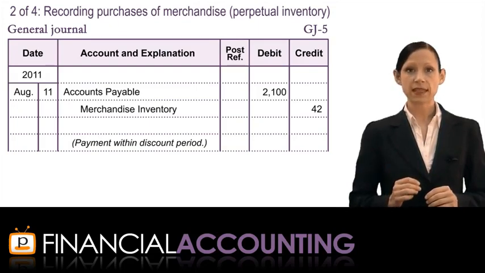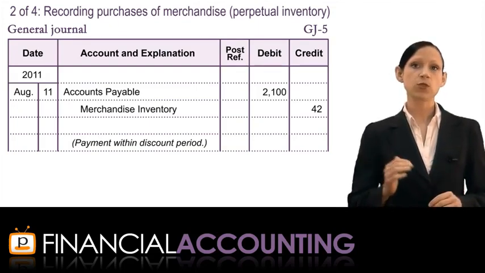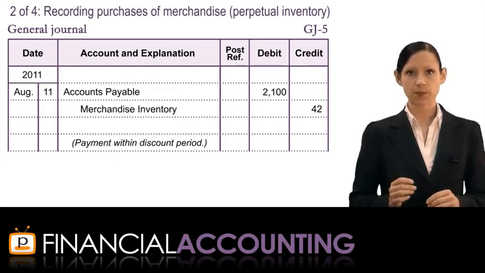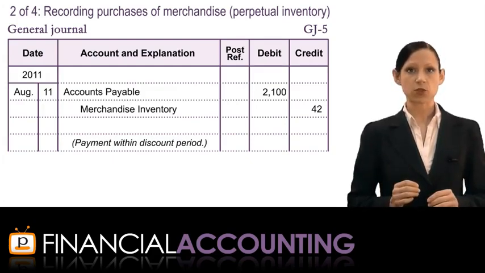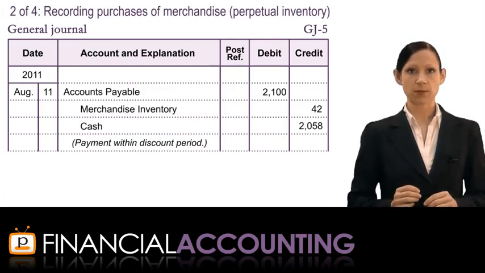This is because by taking the discount, we didn't actually end up paying as much for the merchandise as was originally recorded in that account. So crediting merchandise inventory reduces the value of inventory to the amount we actually paid. The final part of the journal entry credits cash for the value of the invoice minus the discount amount.